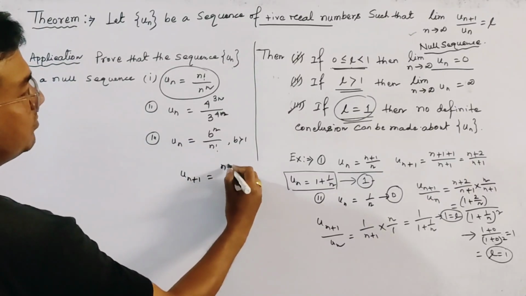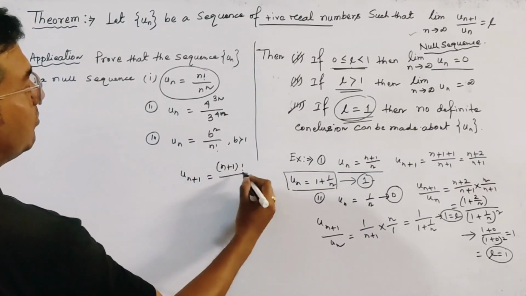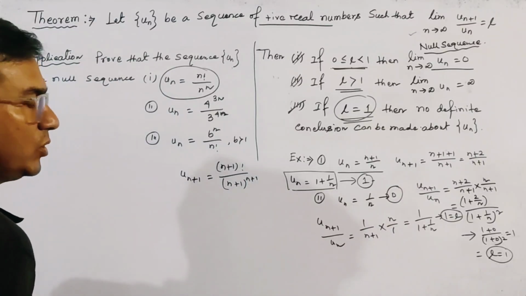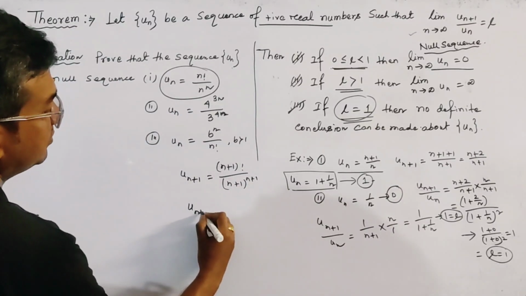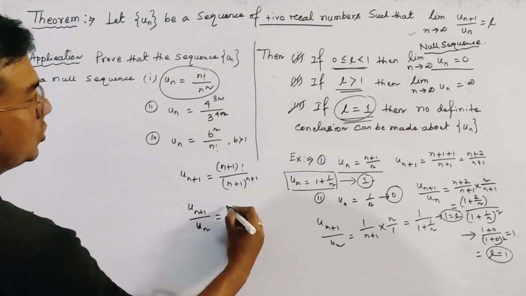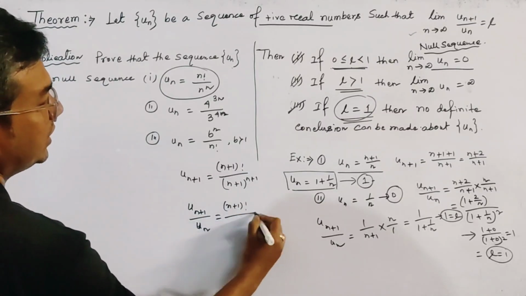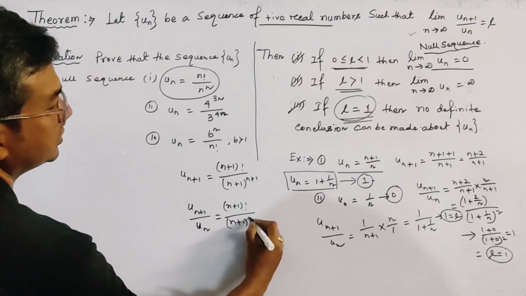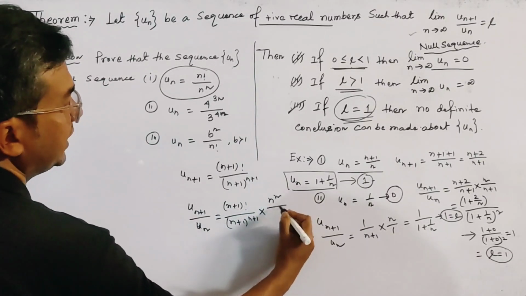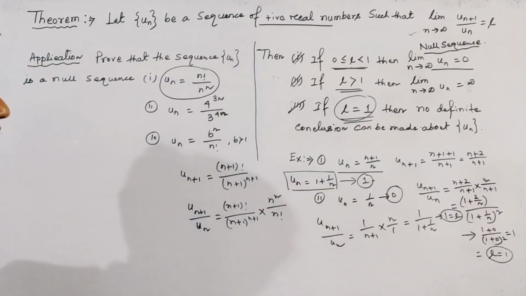This is (n plus 1) factorial by (n plus 1) to the power n plus 1. Now we find un plus 1 by un, so (n plus 1) factorial by (n plus 1) to the power n plus 1 into n to the power n by n factorial, right?